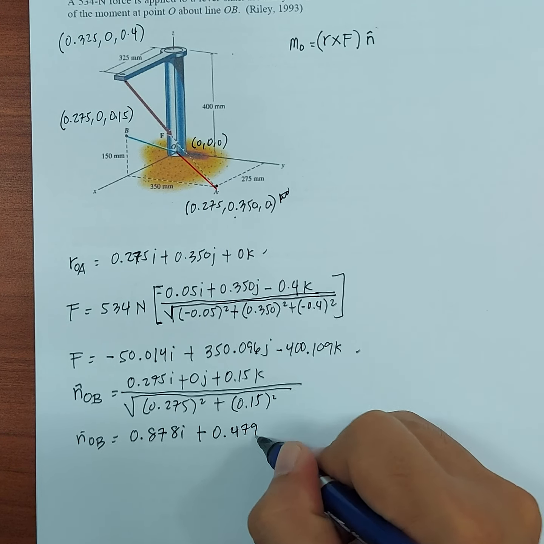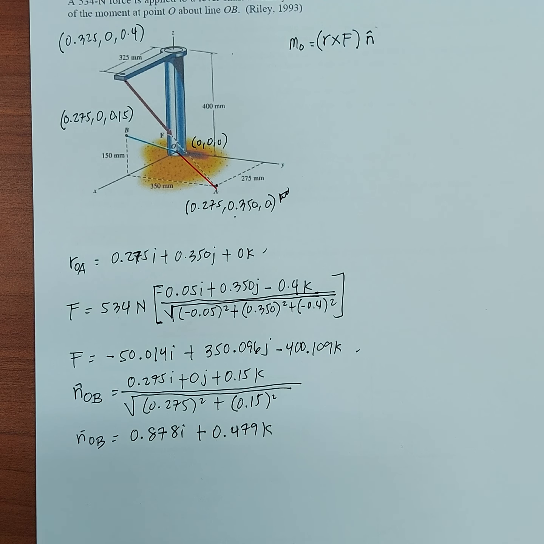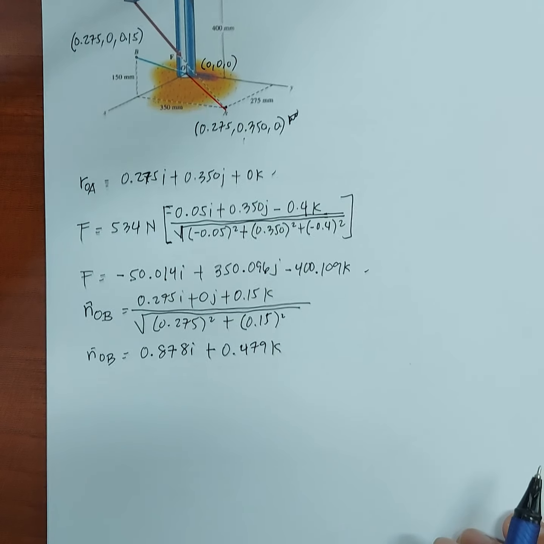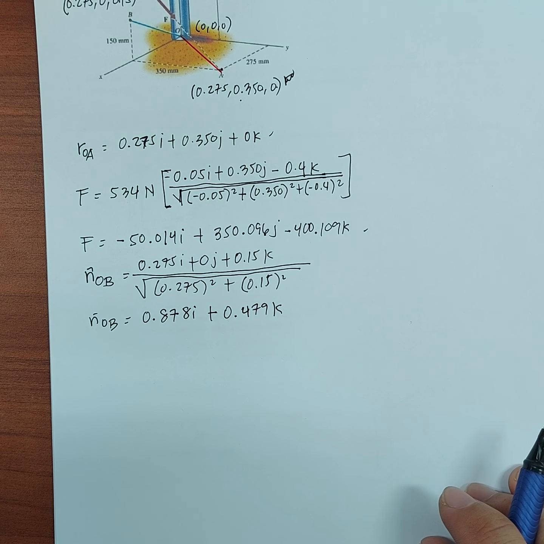ROA, F, position vector along the axis. Okay. Now we can now perform yung cross product natin. Sana magkasya itong space. Ayan, okay? So, M, moment of the force along line OB is equal to, take note pala, unit vectors are always less than 1.